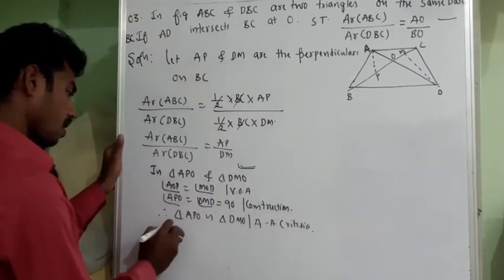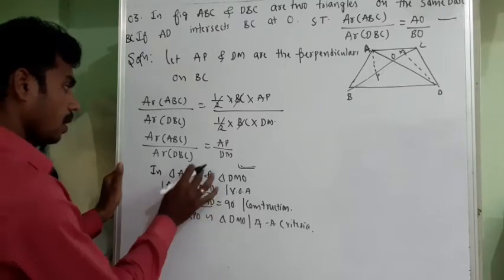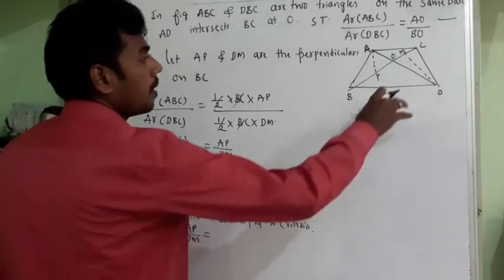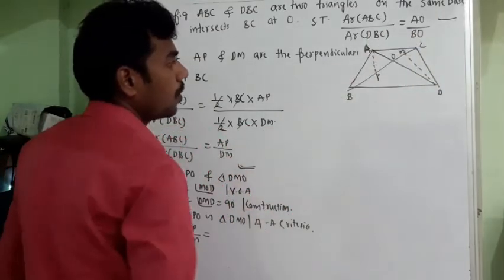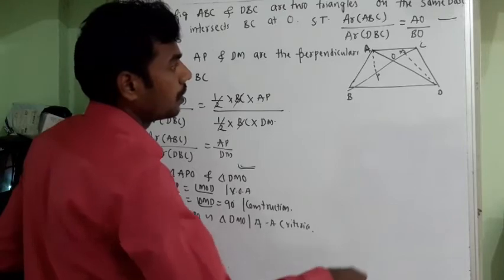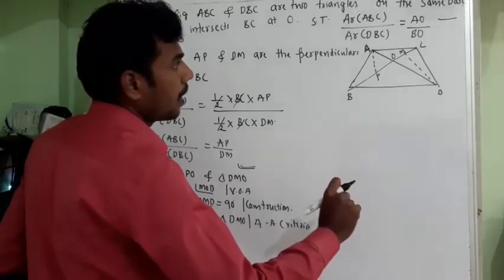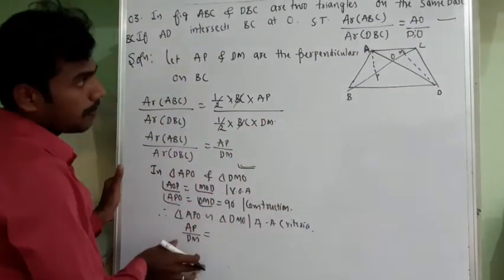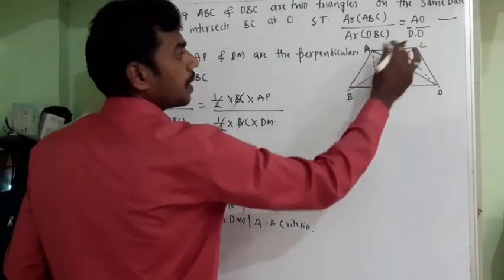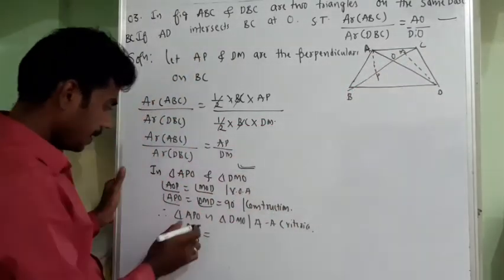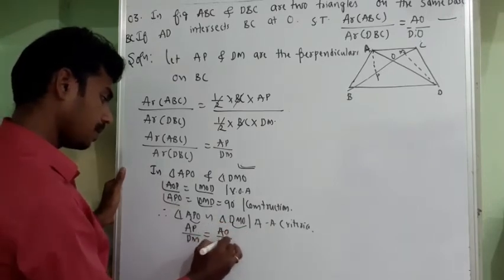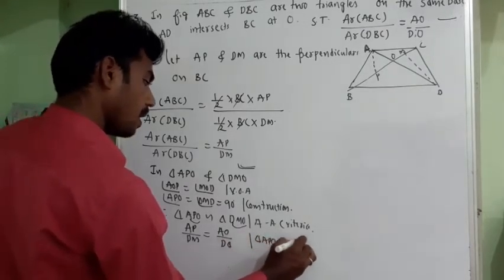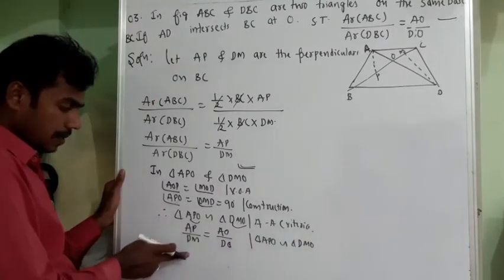Now, what can I write? AP by DM is equal to AO by DO.